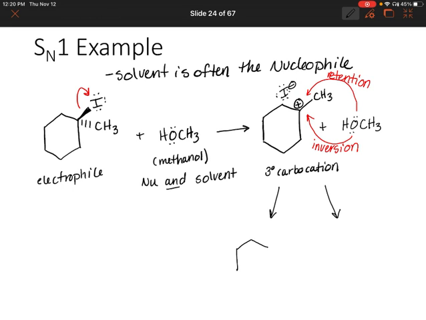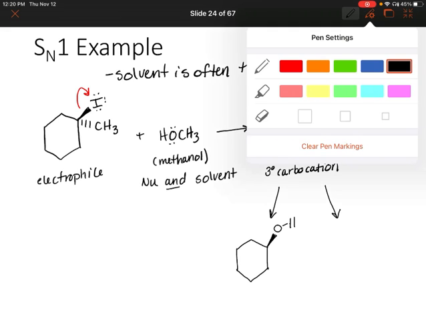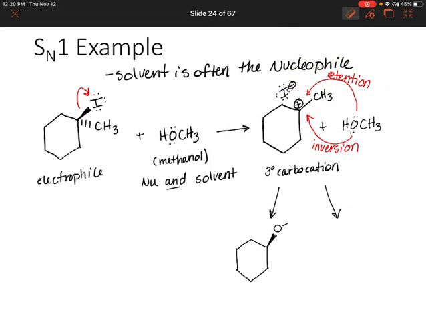So let's draw the retention product first. So the methanol will bond, oops, I drew that wrong. So the methanol will be a wedge because it's attacking from above.